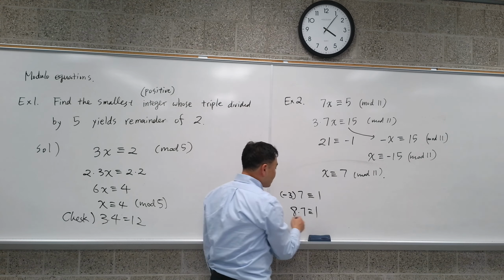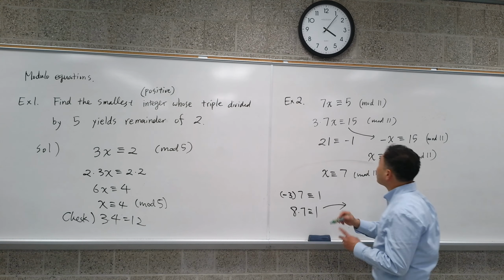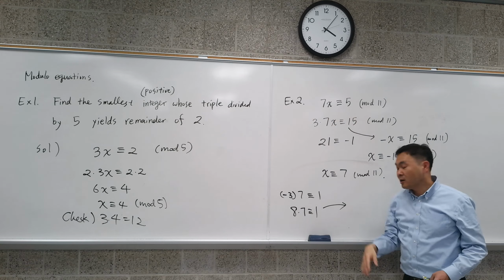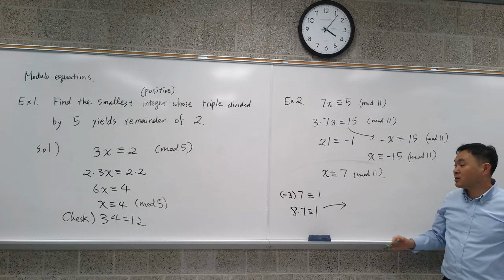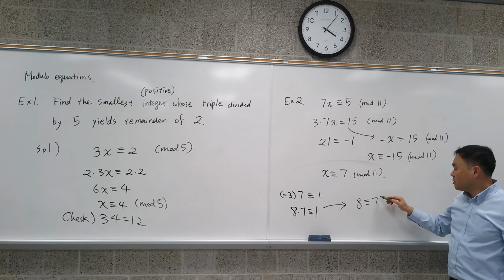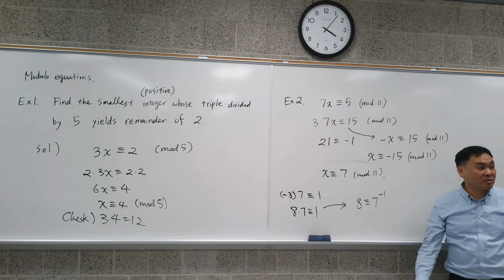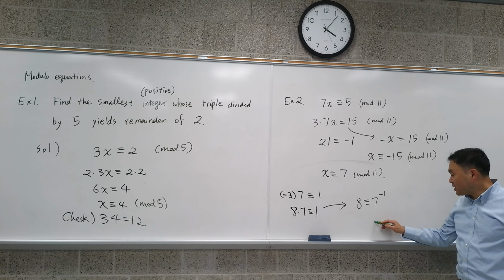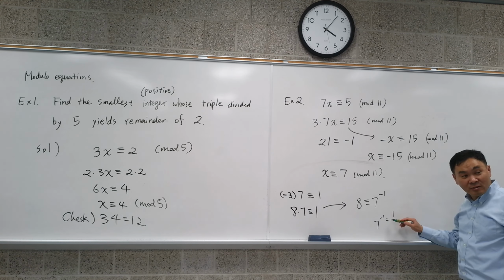So if such a thing happens, we could have solved this by just multiplying by 8 both sides, okay? And if such a thing happens, then you say that 8 is the multiplicative inverse of 7. That's the way we say it, okay? Now, we were trained to think of 7^-1 as 1 over 7, right?